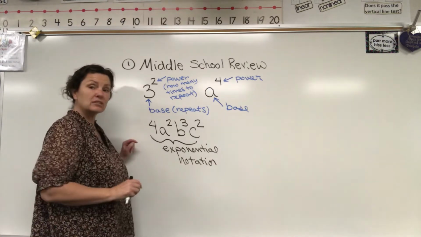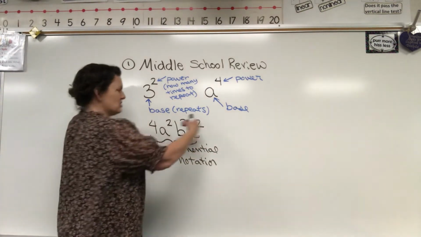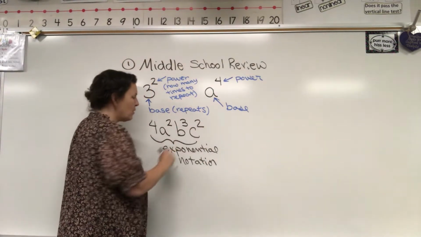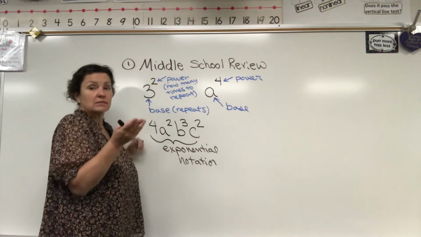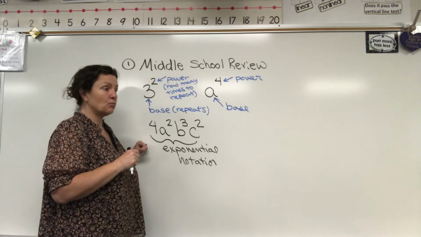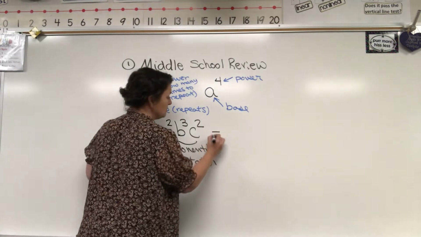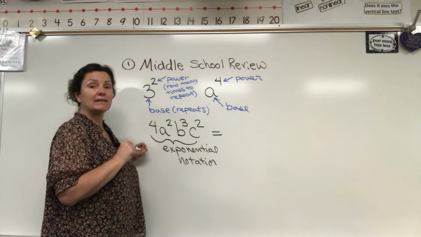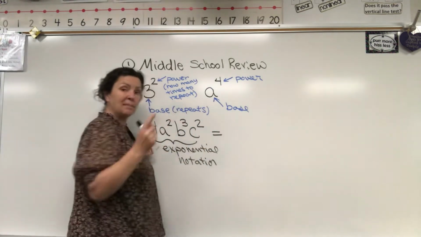How can you tell it's exponential notation? It's packed pretty nicely. Nothing's expanded or written out. Because you see these beautiful powers, you know that this is exponential notation. Sometimes we want things written in exponential notation just to write it more compactly, okay? Sometimes we want it in a different notation, and that's called expanded notation.